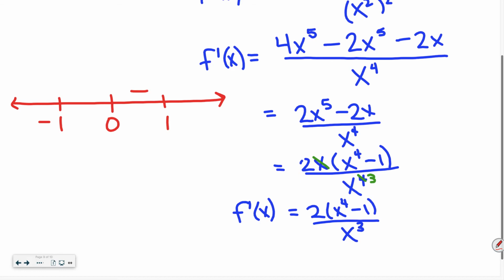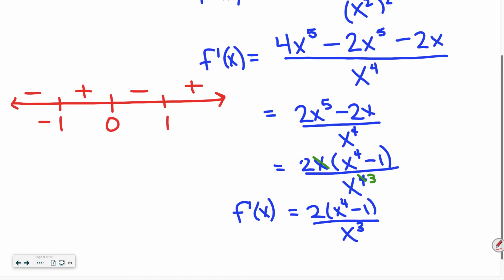Negative 1/2 to the fourth minus 1 would be what kind of number? Negative, because negative 1/2 to the fourth would turn to a positive teeny tiny fraction. Minus 1 is negative. But negative 1/2 cubed would also be negative. So we would have a positive interval there. And I'll save you time. I've already done these.